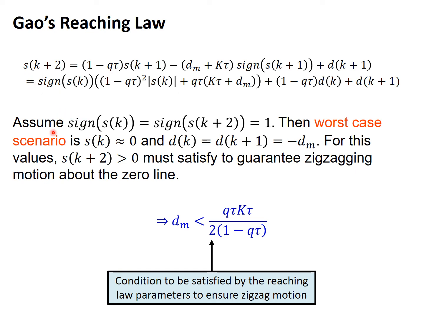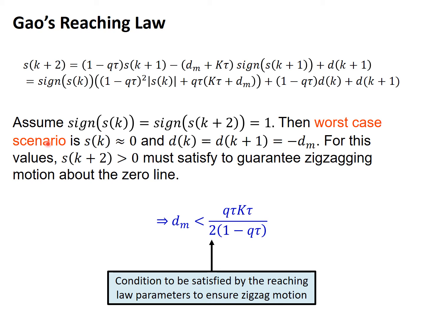Now if the sine of sk and sine of sk plus 2 have to be same, and we assume them to be 1 for the purpose of getting this condition, supposing that these two signs are same and equal to 1, then we see the worst case scenario. As we already have an understanding of looking at the worst case scenario when we proved the twisting and super twisting algorithms, here also we do the same thing.